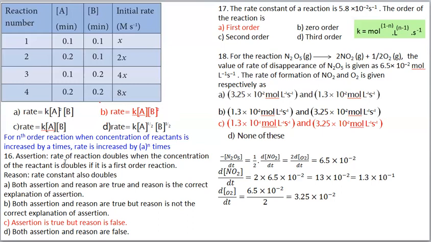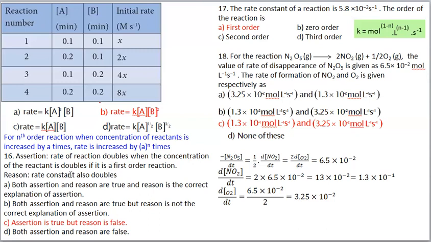Then assertion: rate of reaction is doubled when concentration of the reactant is doubled, if it is a first order reaction. If this is a first order reaction, this is a correct statement. Okay.